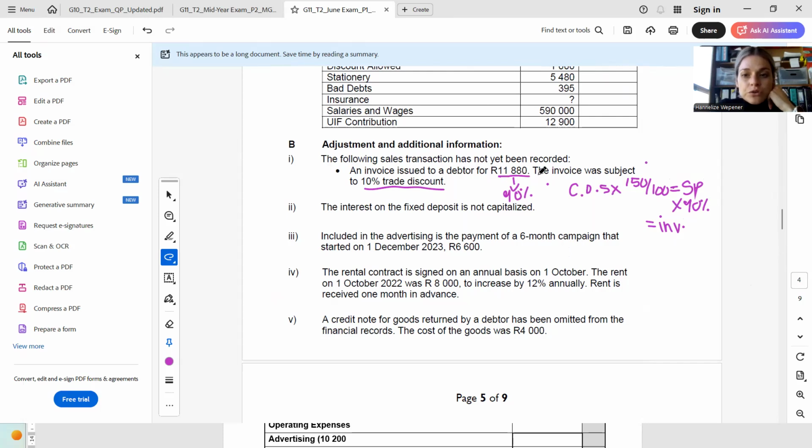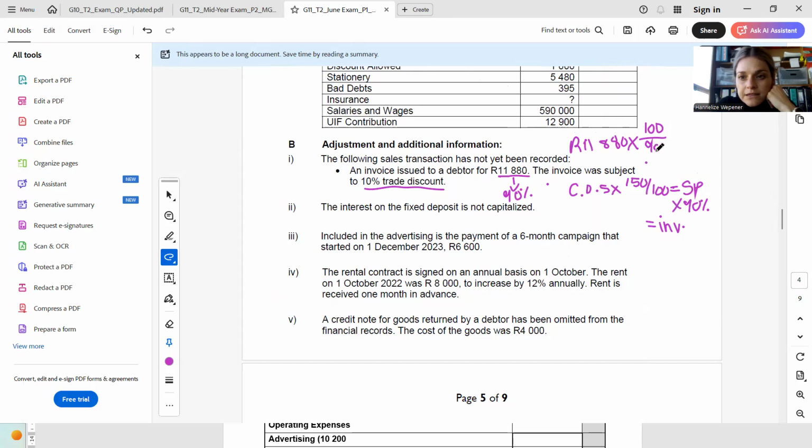11,880. So you now first need to take this invoice amount and calculate the original selling price. So in other words, 100% of the selling price. So I'm going to take 11,880 times, I want to know what was the original, what I want, divided by what am I working with?